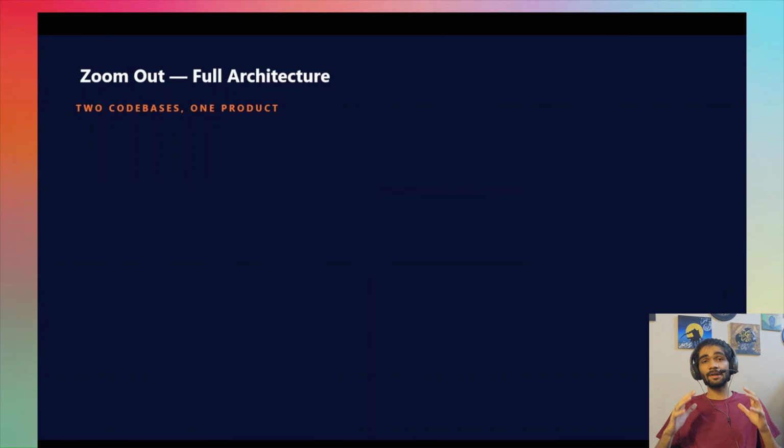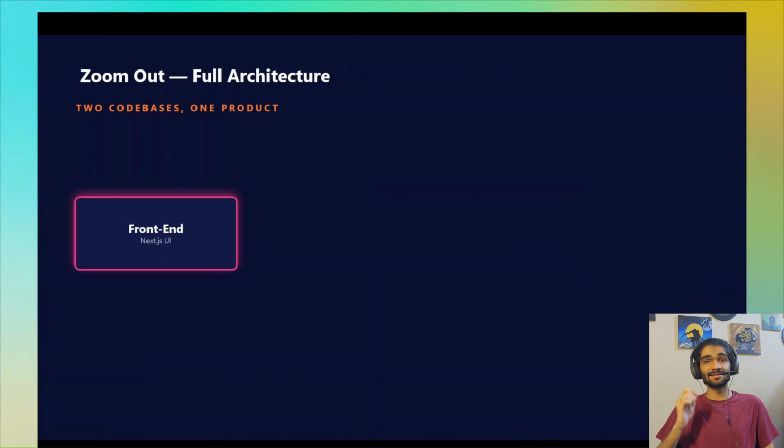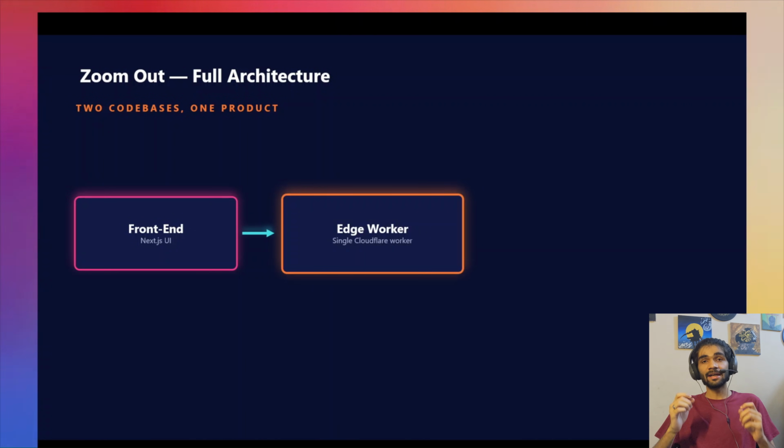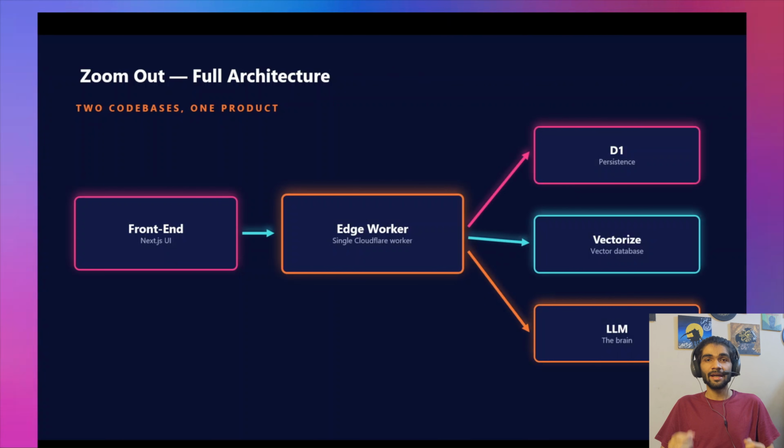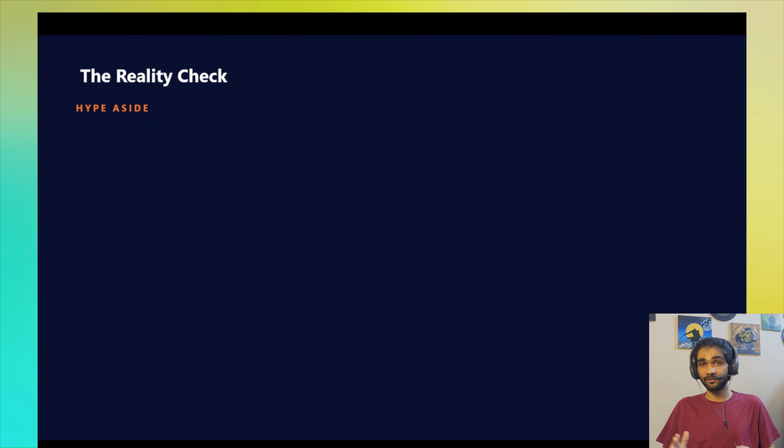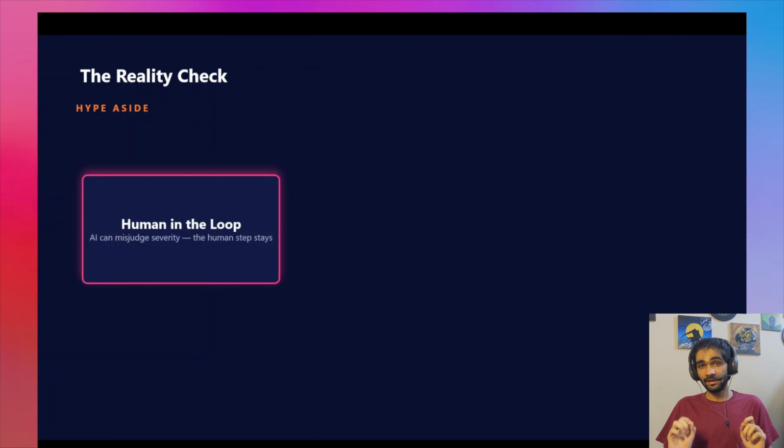So zoom back out. Frontend handles what you see, the backend is a single Worker at the edge, D1 provides the persistence, Vectorize provides the vector database, and the LLM provides the brain for the agent. 2 code bases, 1 product. Okay, now hype aside for a second. AI can misjudge severity. That is why the human step exists.